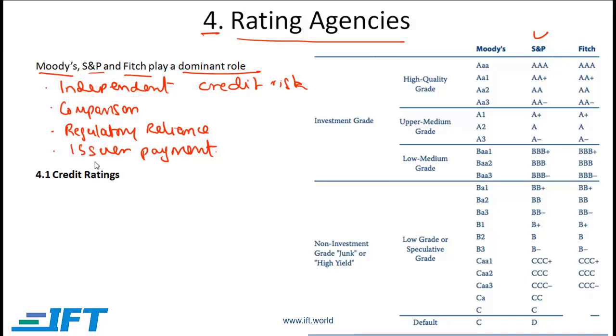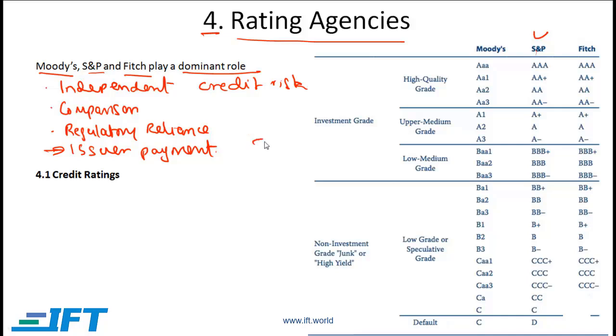The payment model, which is that issuers need to pay for a credit rating, is perhaps the most practical payment method. Now, this has received some criticism because of a conflict of interest where the issuer is paying a credit agency to issue a credit rating.